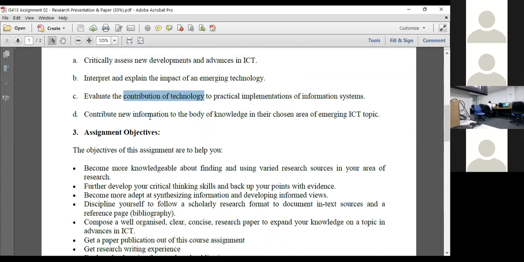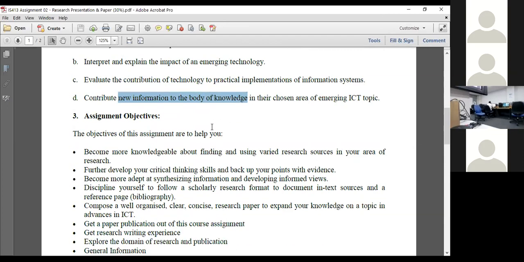I'm assuming that most of you are either doing a postgraduate diploma in information systems or a master's in information systems, and also contribute to the body of knowledge.